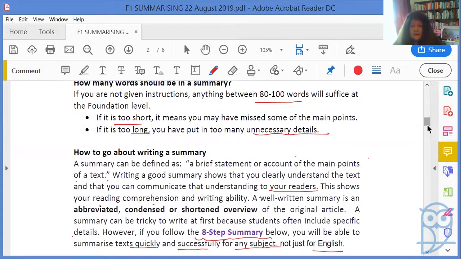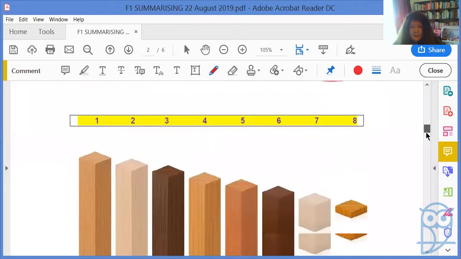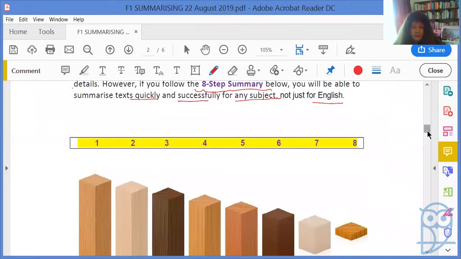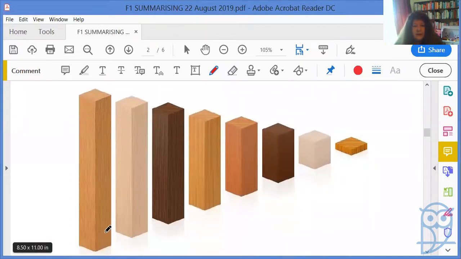Right, let's take a look at the 8-step summary. This is just to show you pictorially. You start with quite a large article, and bit by bit, you're going to cut it down to its very smallest component. That's your summary.